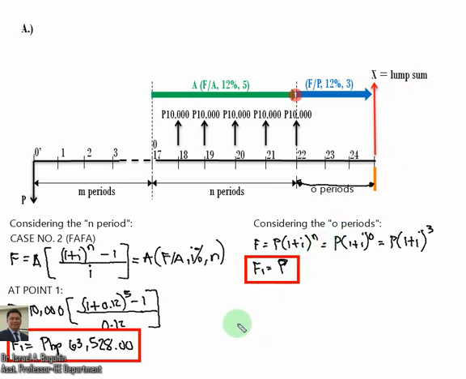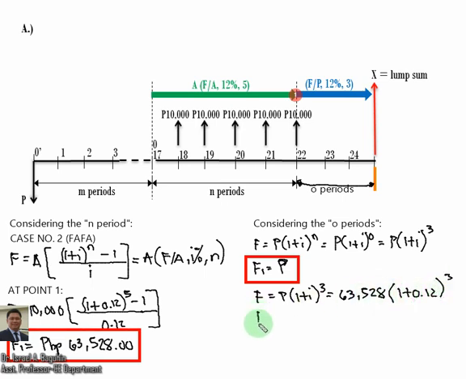So substituting, from here, F is equal to P times (1 plus i) raised to the 3, where P is just equal to F1, which is 63,528 times (1 plus 0.12) raised to the third.